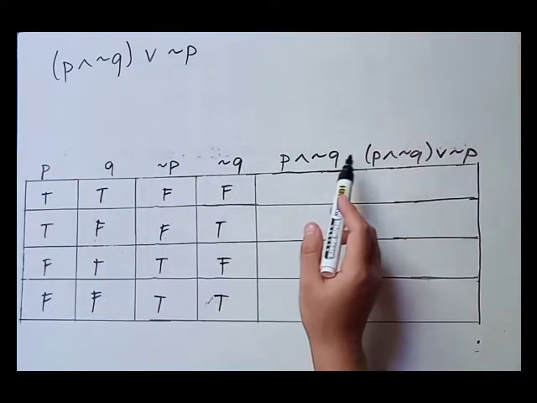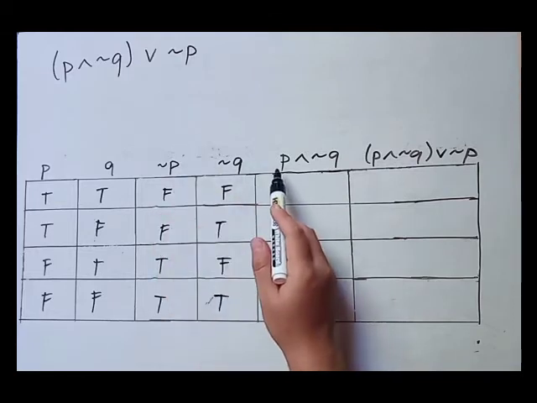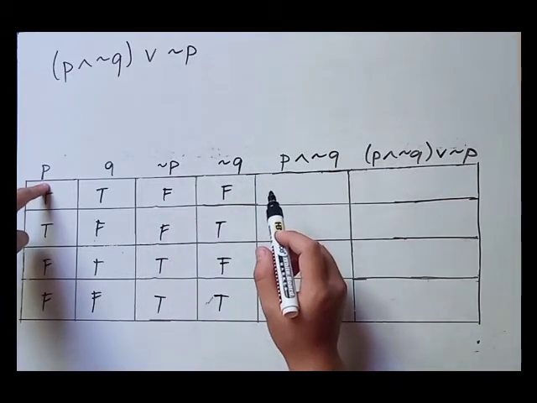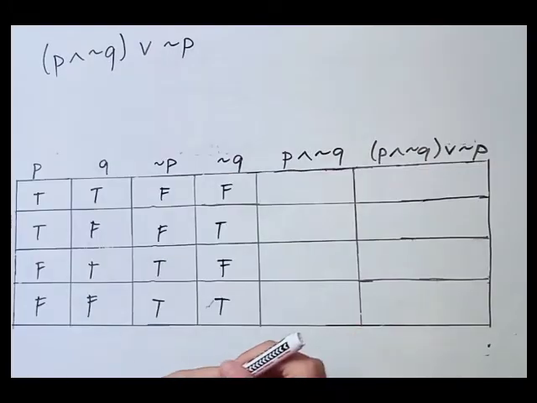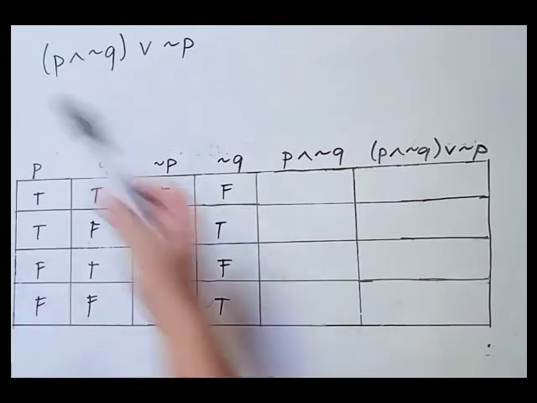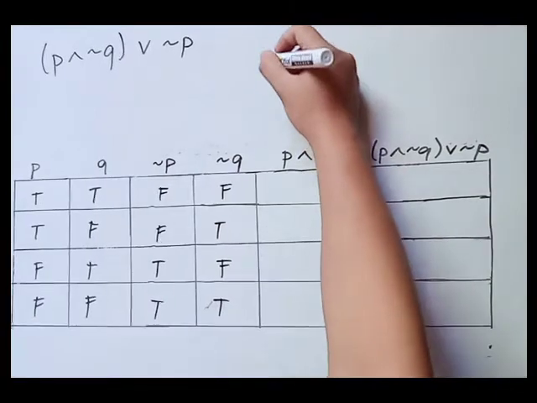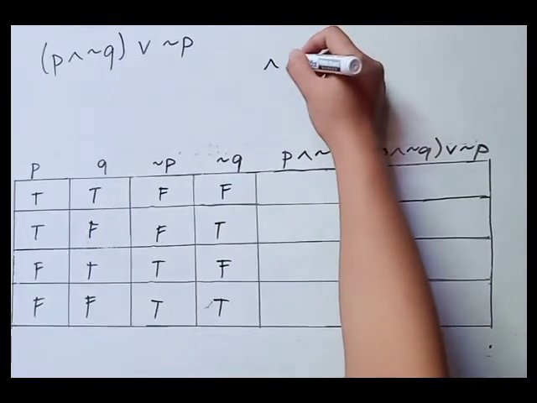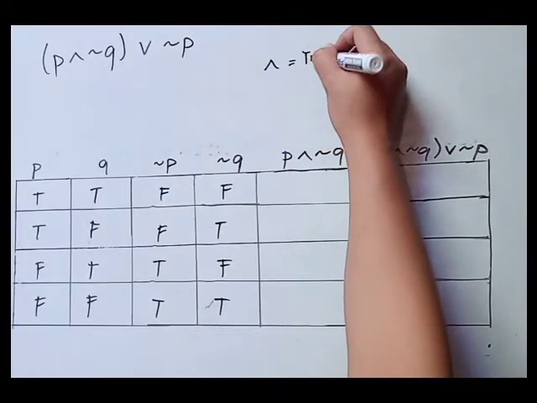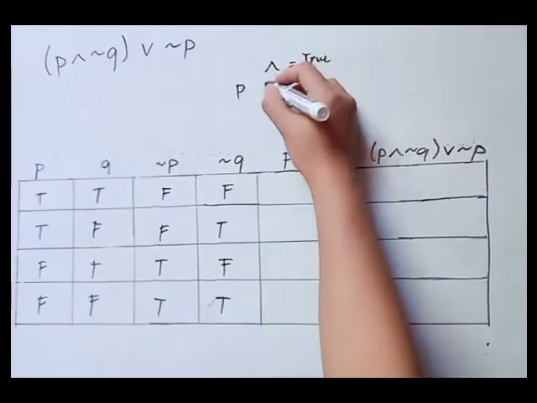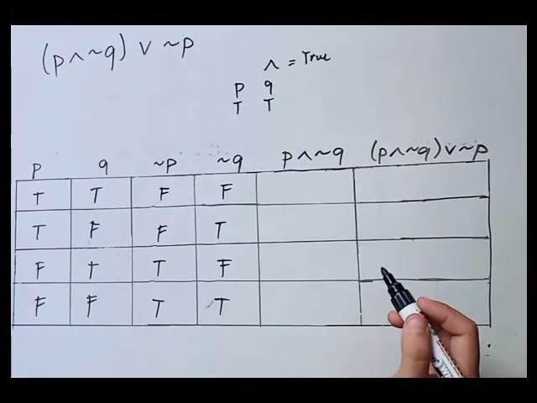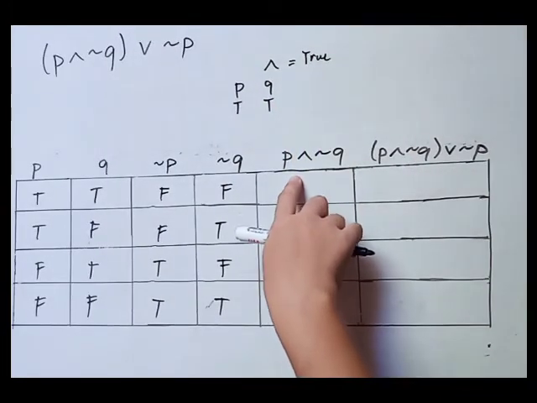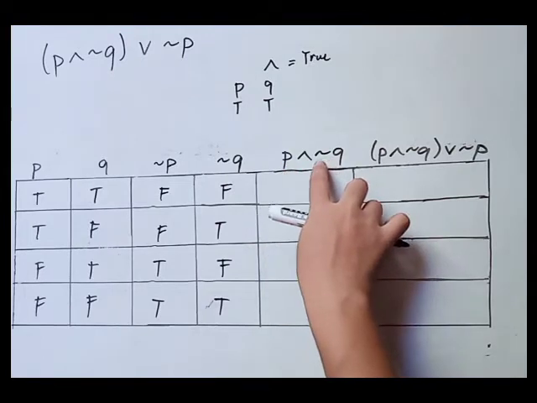So P and negation of Q means that we are going to combine the truth values of P and negation of Q. If you still remember, in our first discussion we have the rule for our conjunction, that our conjunction "and" will only be true if both statements P and Q are true. But here, we are going to combine the statement P with the negation of Q.